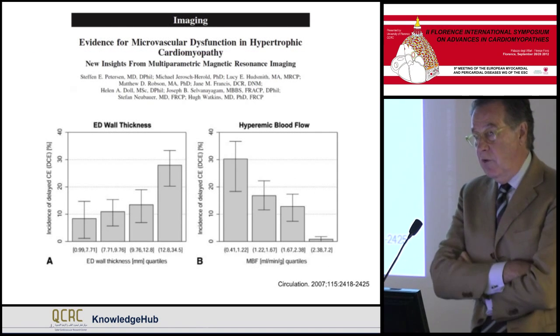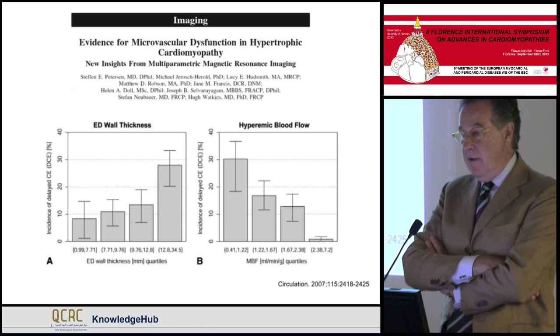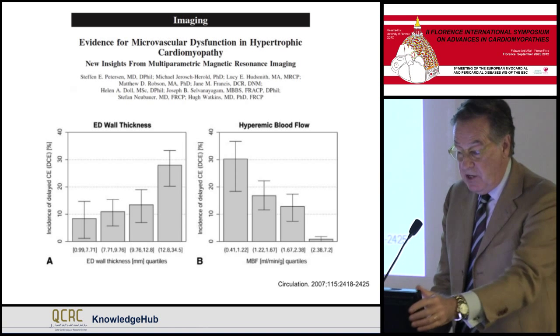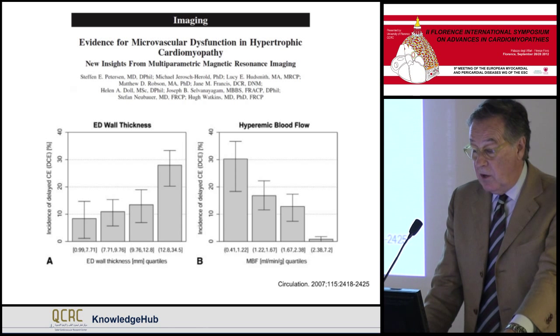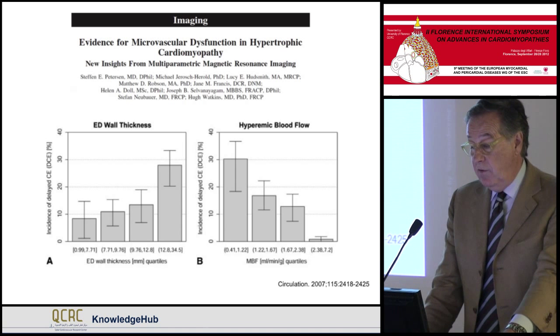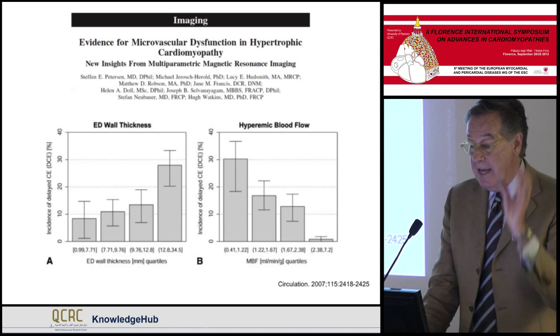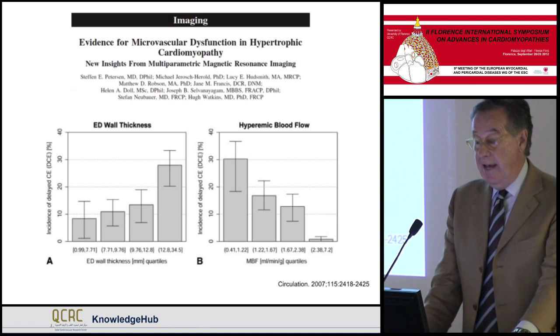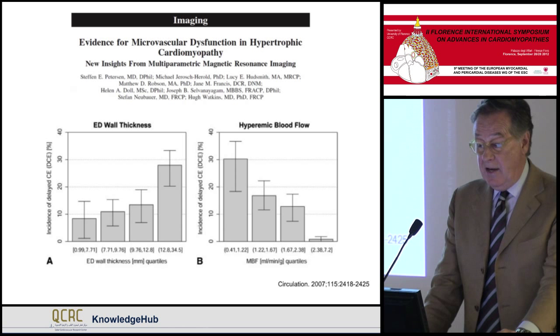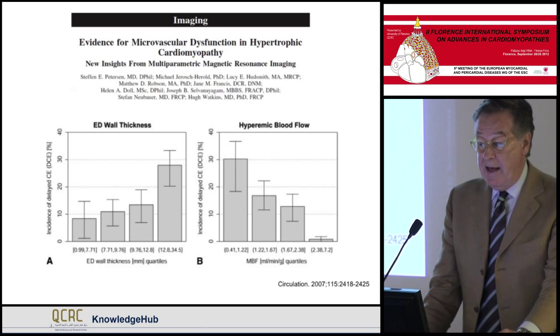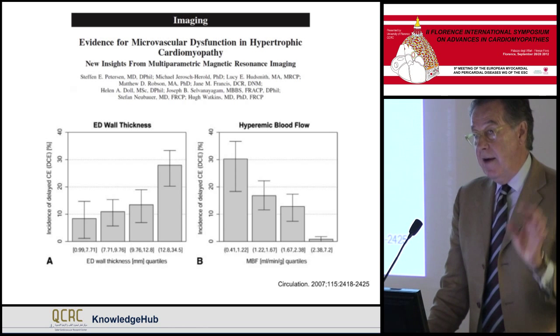Also, the group from Oxford, Stefan Neubauer, came to the rescue. This is a very nice paper where patients were grouped according to the flow response, the hyperemic blood flow, and those with the lowest flow, here on the left, were those with the greatest amount of late gadolinium enhancement. And those with the highest percent of late gadolinium enhancement were also those with the greatest wall thickness.